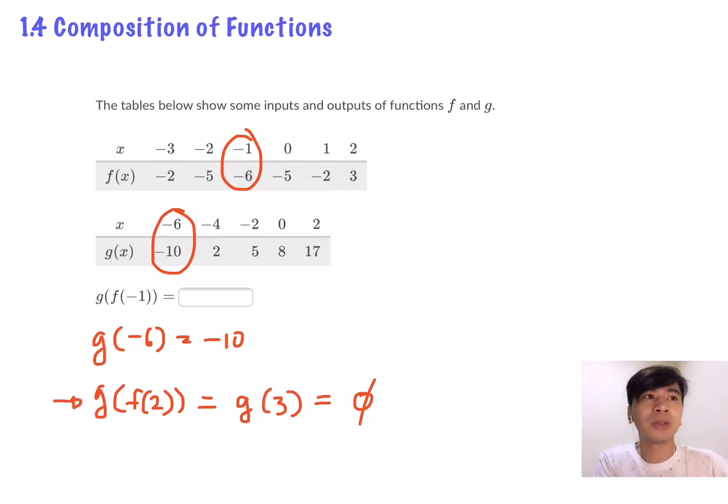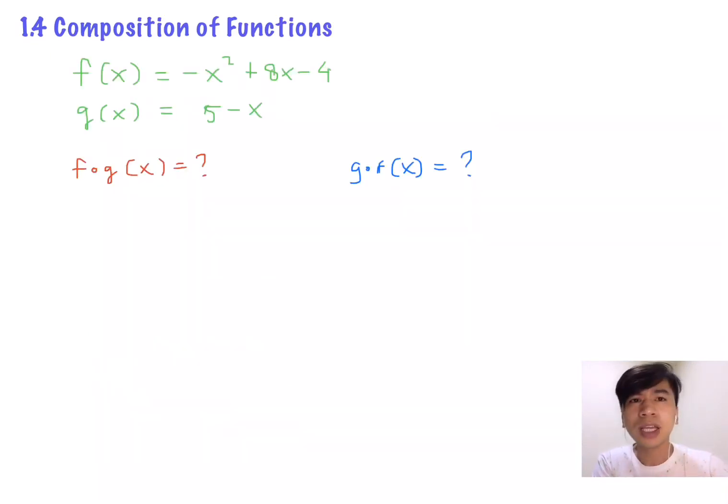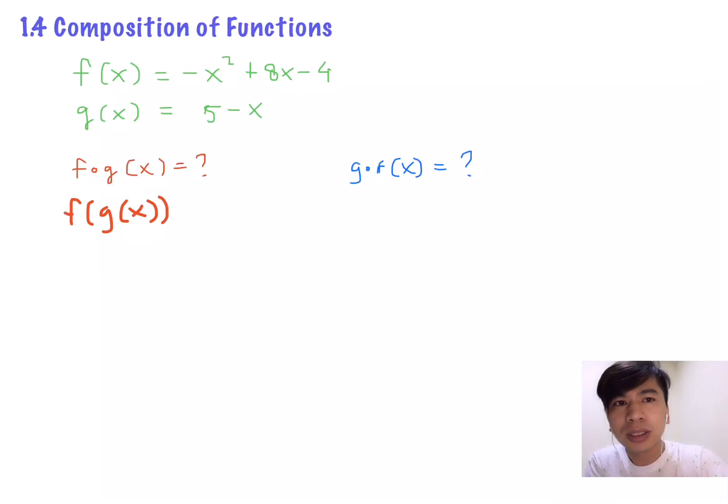Let's move to the new one. This is f of x equal to negative x squared plus 8x minus 4, and g of x equal to 5 minus x. I want to compare f of g of x and g of f of x. When we have f of g of x, then it will be f of 5 minus x.